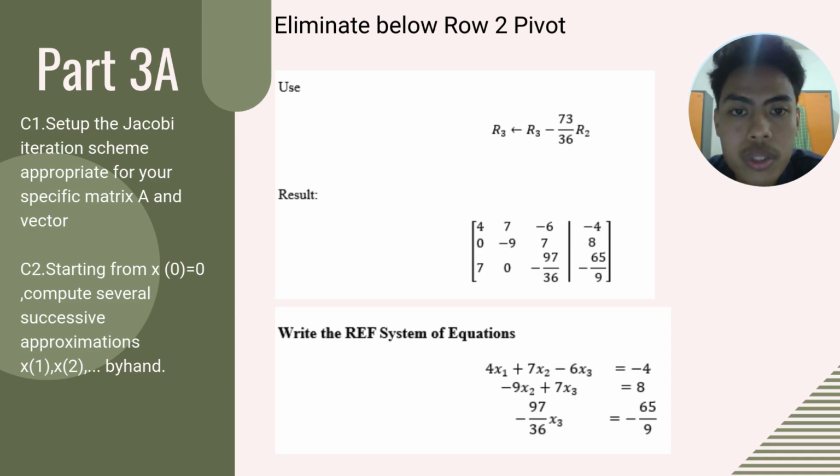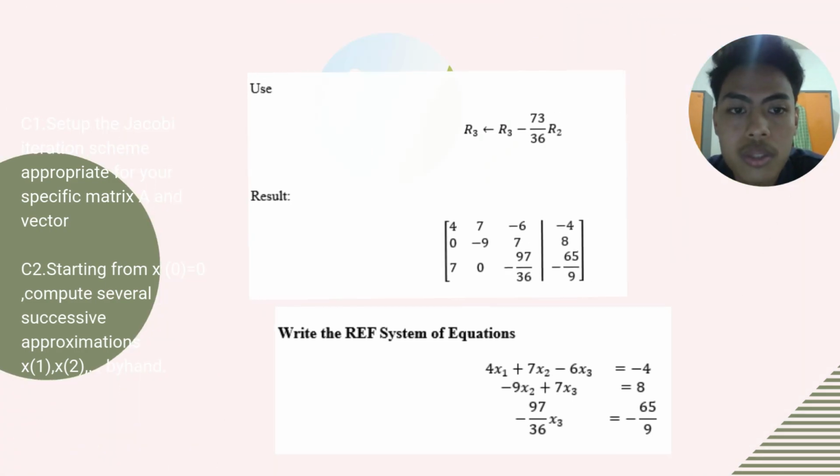And the third equation now involves only x3. This simplified system allows us to easily solve each equation, which is necessary to set up the Jacobi iteration schemes in the next step.